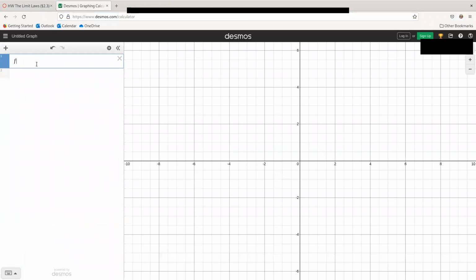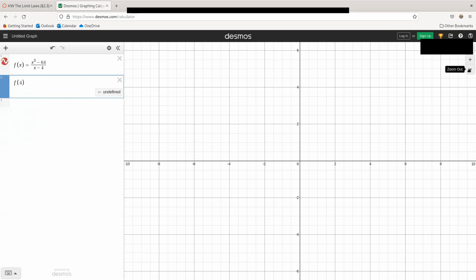Function f of x equals fraction x raised to the third minus 64 divided by x minus 4. And if I ask, hey, what is f of 4? I should get back an undefined.